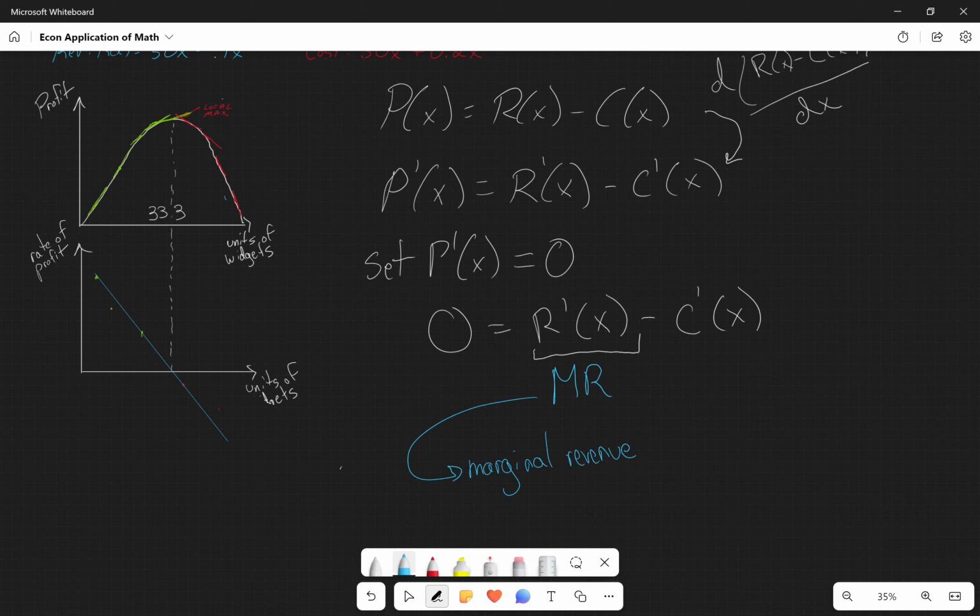And quite simply, it's just the additional or incremental revenue that you get after you sell an additional unit. Our C prime, the rate at which our costs change, well, this thing is nothing more than our marginal cost.